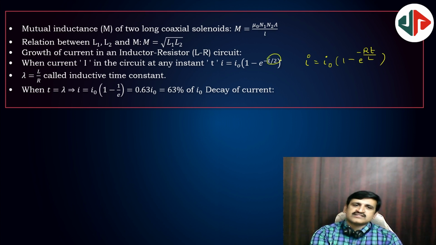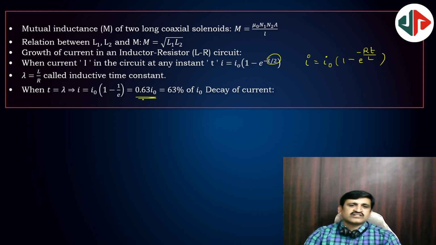That should come here; it was an error. Now I is equal to I naught of 1 minus 1 by e, that is 0.63 times I naught, at the inductive time constant.